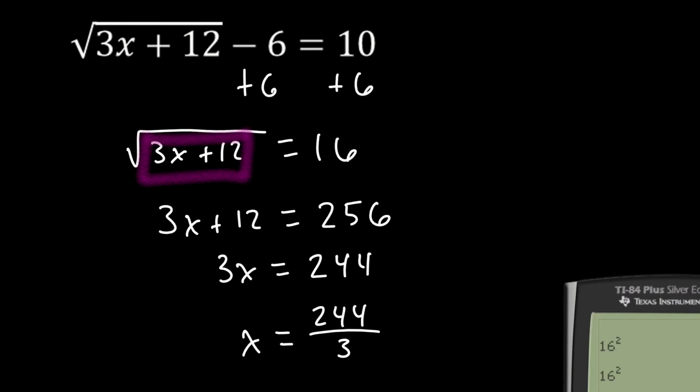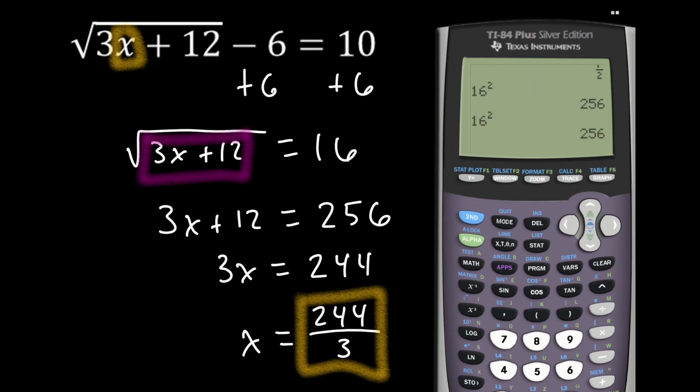You know, this is an easy answer to check, because if you look at it, if I put that x in right there, 244 over 3, I'm going to immediately multiply it by 3, which makes it the number 244. And then I'm going to add 12 to that. So I'm going to say plus the number 12, and then I'm going to press enter, and I get this number, and I need to take the square root of that.